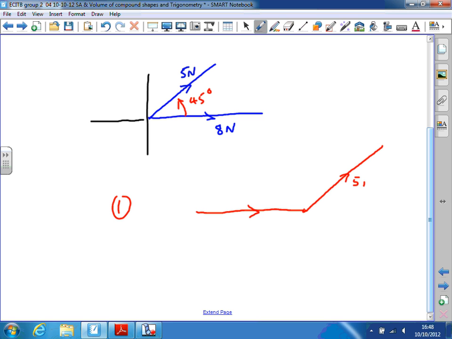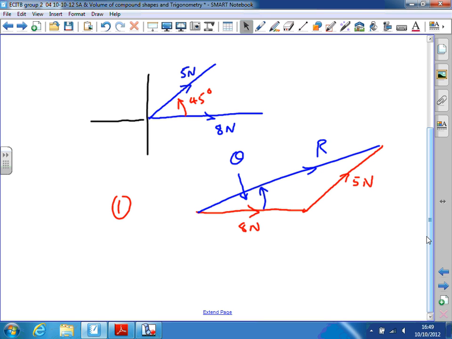So I've got a 5 Newton force and an 8 Newton force. And what's the resultant of these 2 forces? The length of that line there. What's the angle of that force to the 8 Newton force? This angle here. So I'm after angle theta and resultant R.